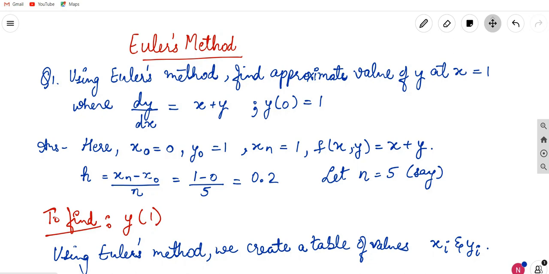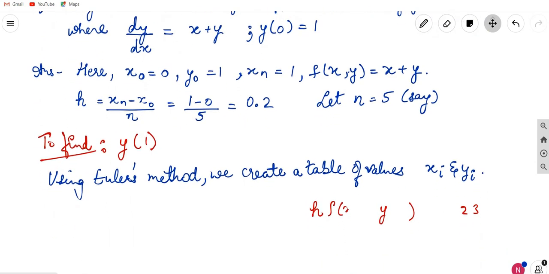As I told you, xn is the value at which you have to calculate the value of y. Also f of x, y is equal to x plus y. h would be xn minus x naught by n. So here I have assumed n to be 5. It should be large enough so that I can calculate h to be very small and it will give me less errors. So h is coming out to be 0.2.